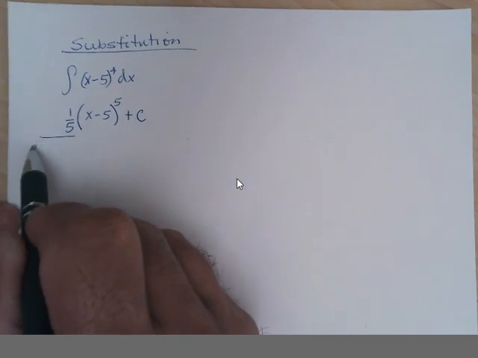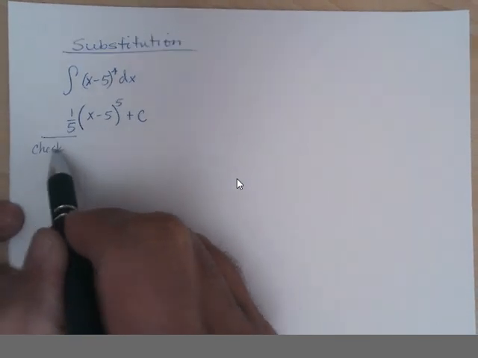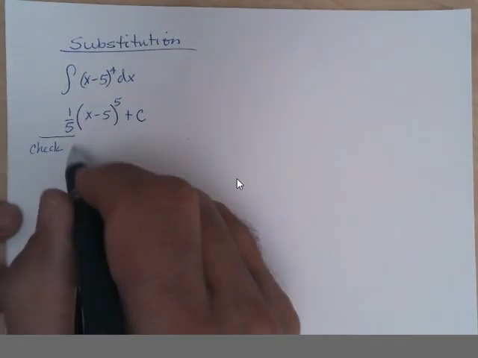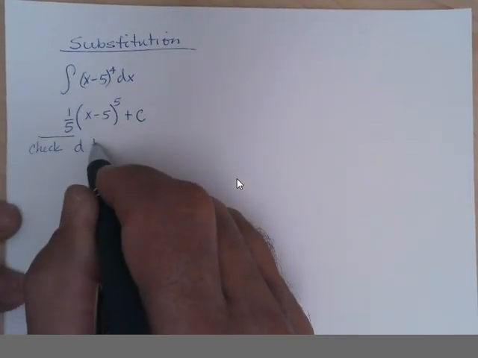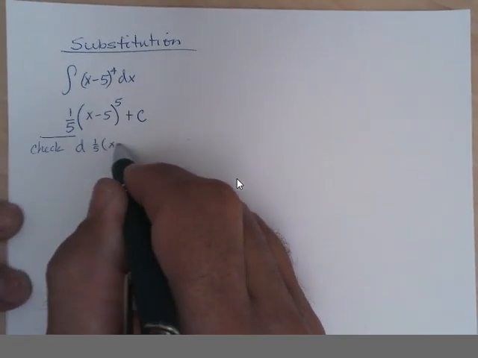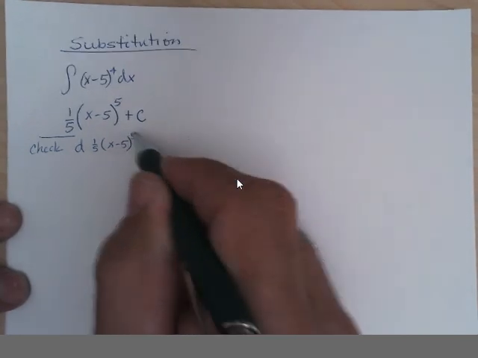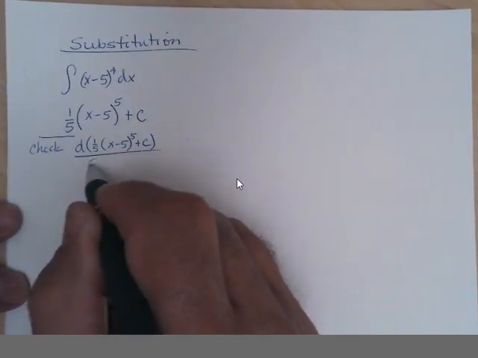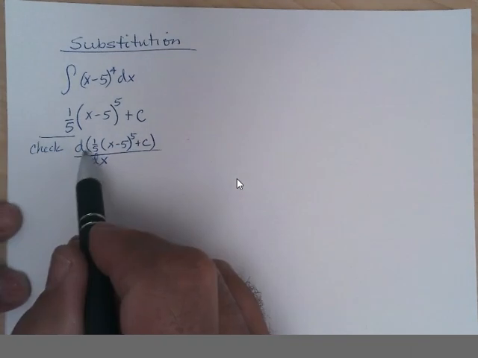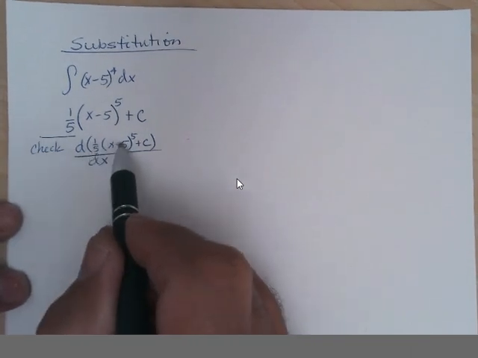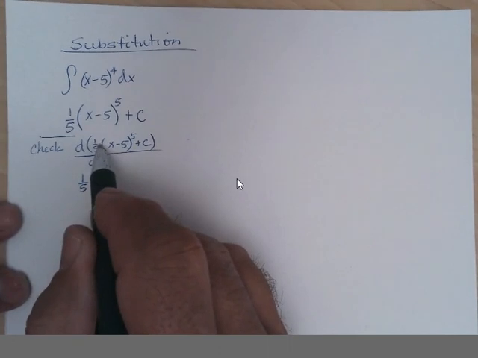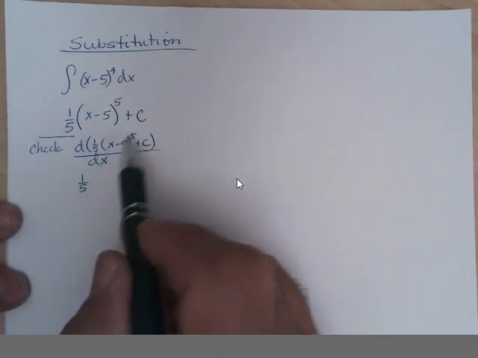Now, to check, I would take the derivative of this. So now I'm doing a check. The derivative of 1/5 times x minus 5 to the fifth plus c dx: the 1/5 times something just hangs there because it's multiplied. If it was plus, I wouldn't, but it's there.